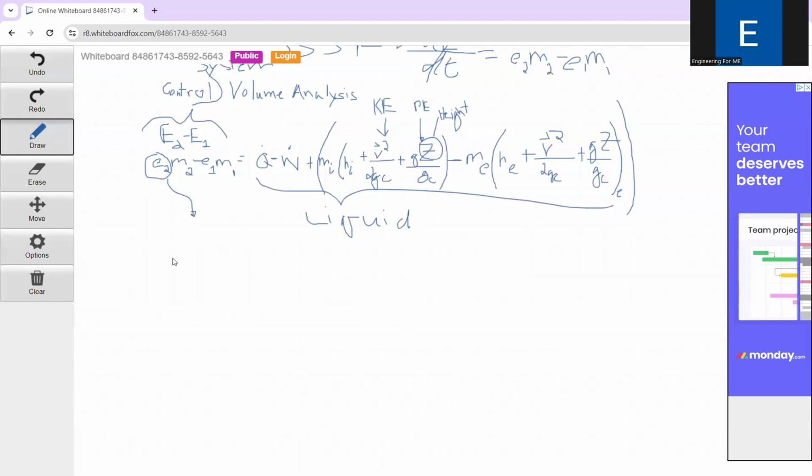But when dealing with E, our E is going to be equal to pretty much U plus potential energy plus kinetic energy. And the formulas for potential energy and kinetic energy are the same. The only difference is this internal energy.